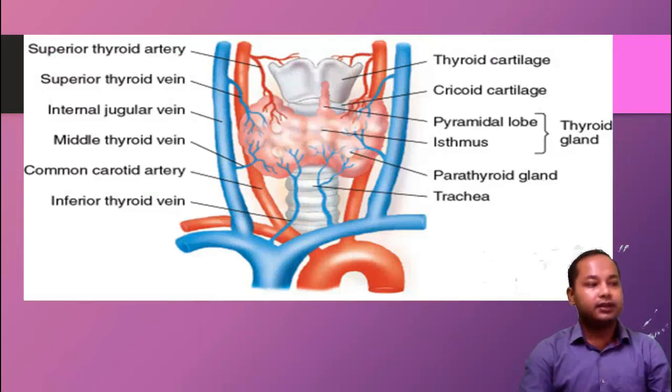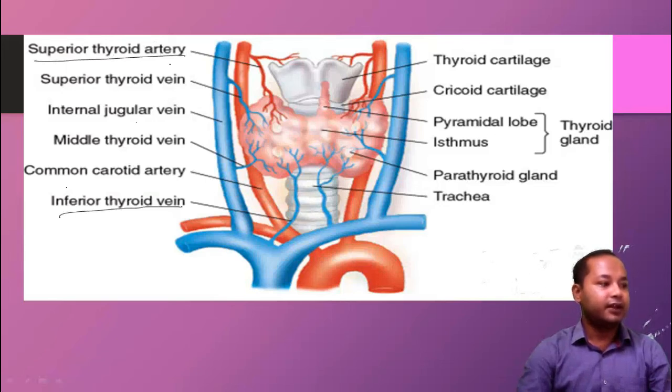In this blood supply, the thyroid gland basically gets blood from three arteries: the superior thyroid artery, the inferior thyroid artery, and the thyroidea ima artery, which is not written here because it may not be found.